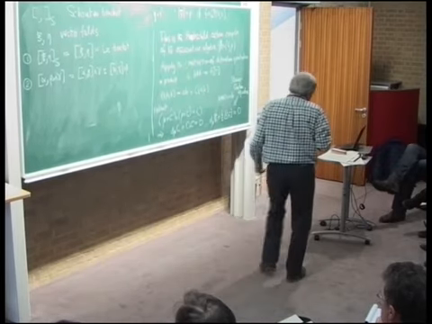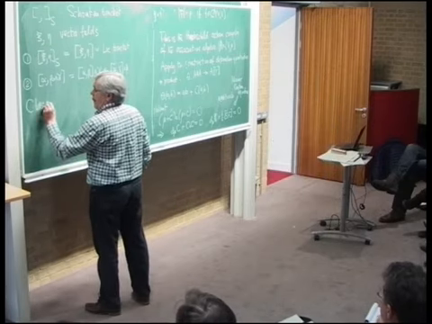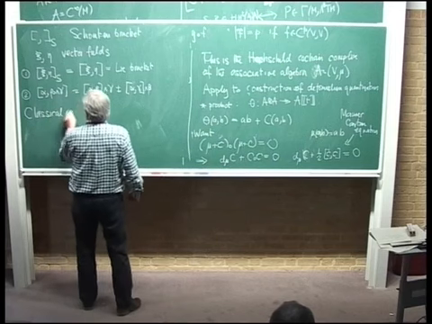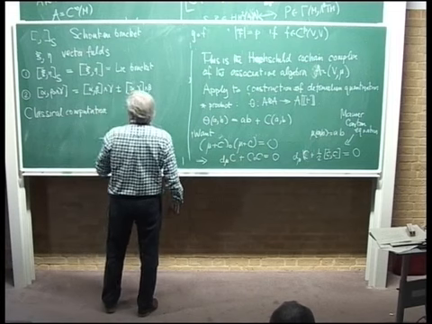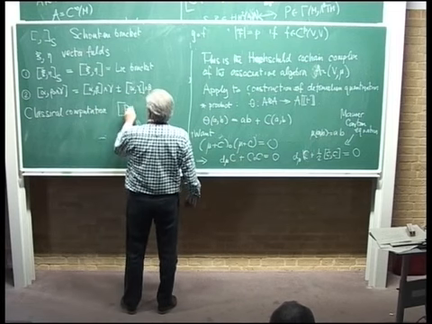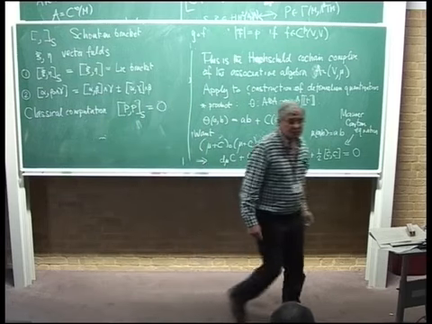And it's a classical computation that the Schouten bracket of the Poisson tensor with itself is 0.